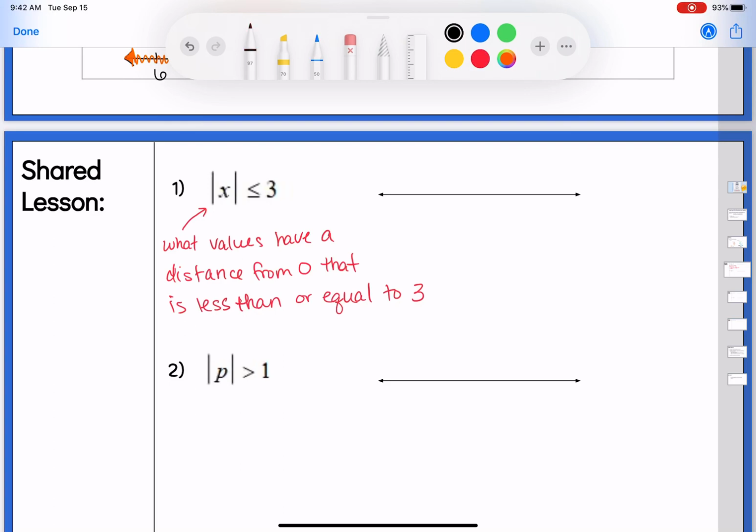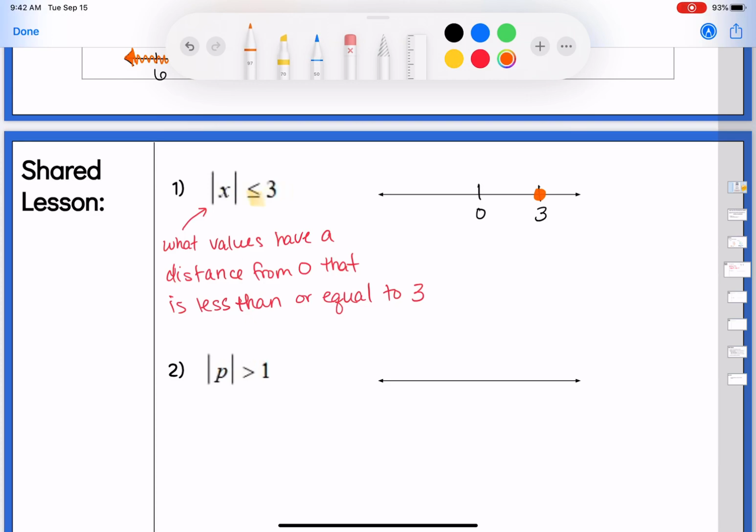So if I look at my number line here, here's 0. I'm going to get 0 on the number line. So let's just think, okay, well, obviously I'm going to have a 3 on my number line, right? That 3 is 3 units away from 0. And if I actually have a point here that's exactly 3 units away from 0, that would work because I have my or equal to, right?